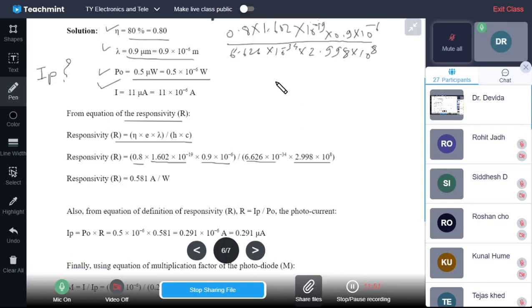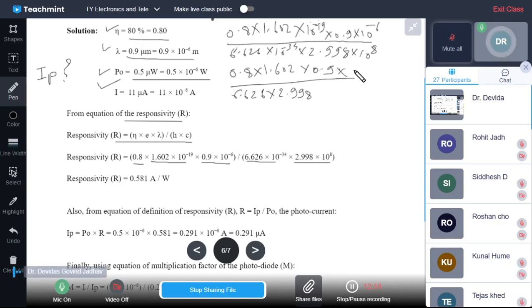All the 10 power terms are separated and all the numbers are separated. So 0.8 multiplied by 1.602 multiplied by 0.9, divided by 6.626, 2.998, and in the numerator multiplied by 10 to the power. In this bracket we will write all the powers.